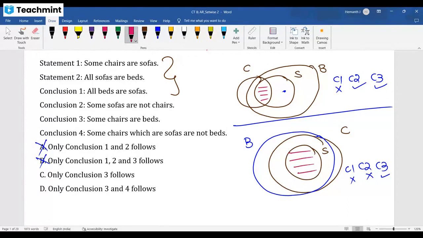They said not in beds. Fourth one wrong. You understand that clearly. Chairs and sofas intersection is inside the beds only. So only conclusion three follows.